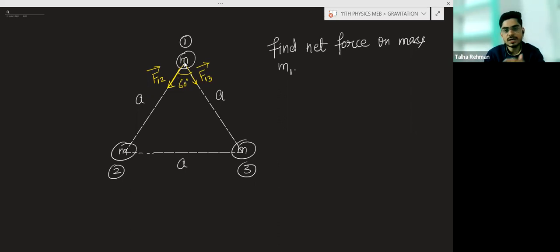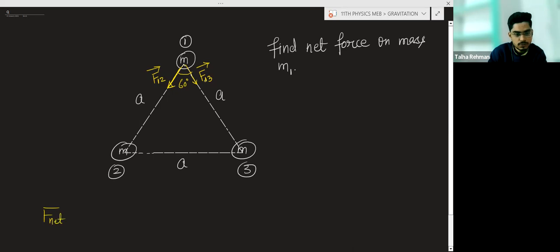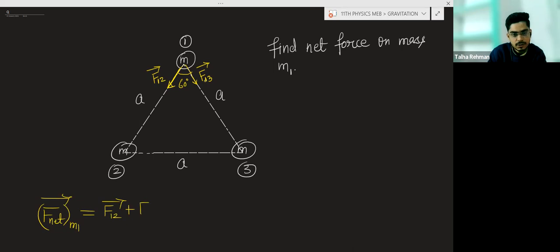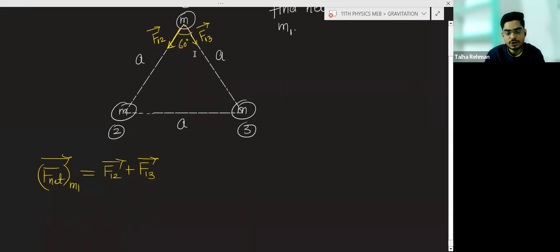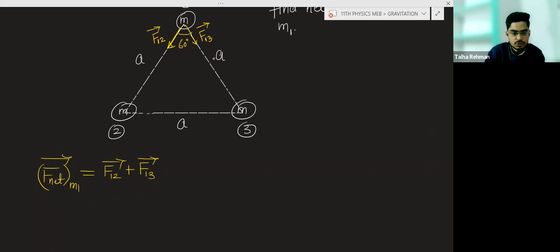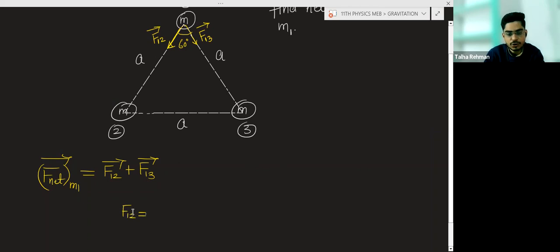Now the total force on mass M1 will be the vector summation of F12 plus F13. So first find what is F12 and what is F13. First find the magnitude of F12.